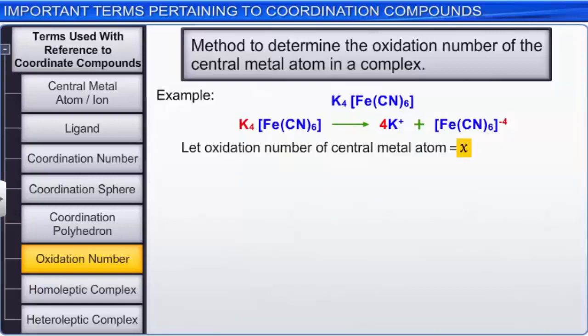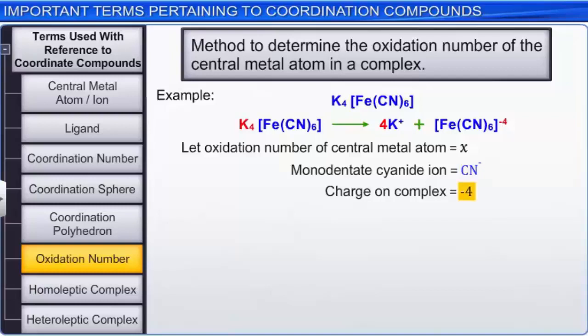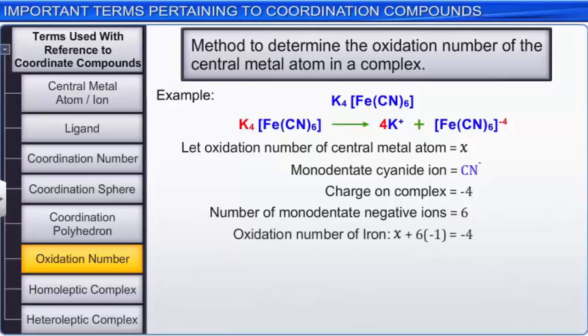Knowing that the complex carries a charge of -4 and has 6 monodentate negative ions, the oxidation number of iron can be determined as X plus 6 multiplied by -1, which is equal to -4. On simplification, we get X equal to +2. Thus, the oxidation state of iron in the given complex is +2.